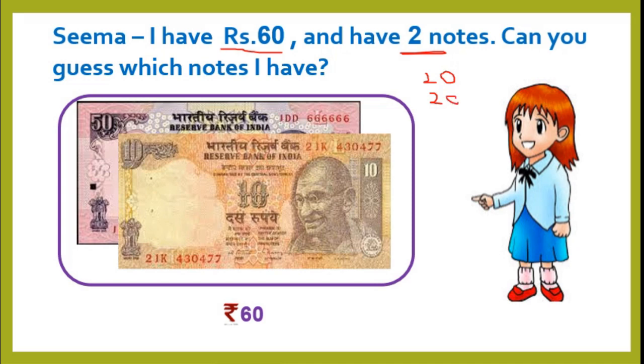So her condition is only 2 notes she is having, isn't it? Here it became 60, and 60 is right, but these are 3 notes, so this is wrong. Her condition is that only 2 notes. So we will get only one option, that is 50 plus 10.